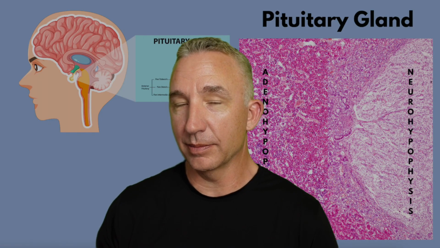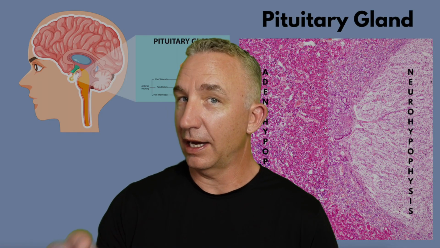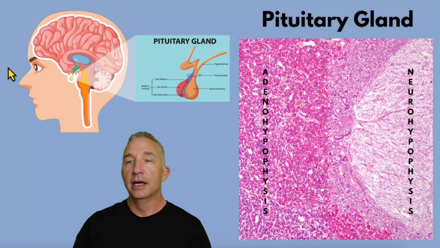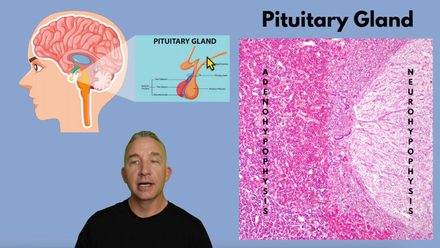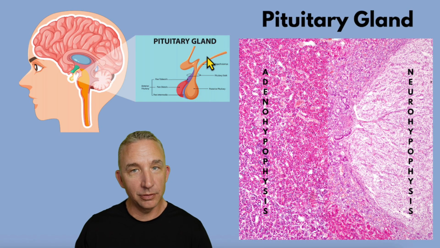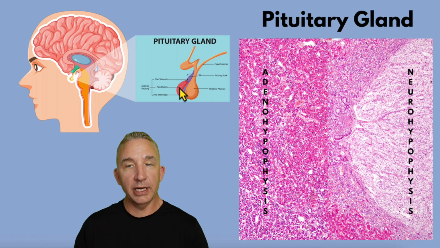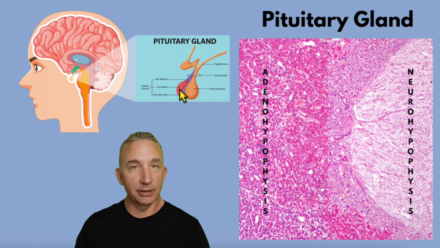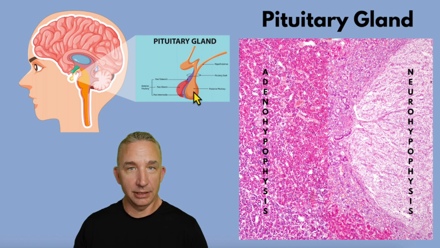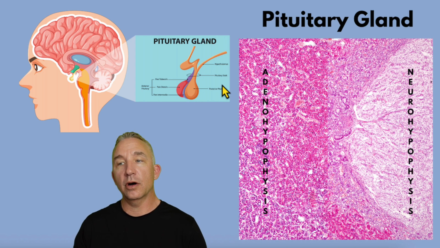hypothalamus. If you remember the hypothalamus, hypo below the thalamus. The hypothalamus has direct control over the pituitary, and we divide the pituitary in two main regions, the anterior pituitary and the posterior pituitary. The anterior pituitary is also called the adenohypophysis.